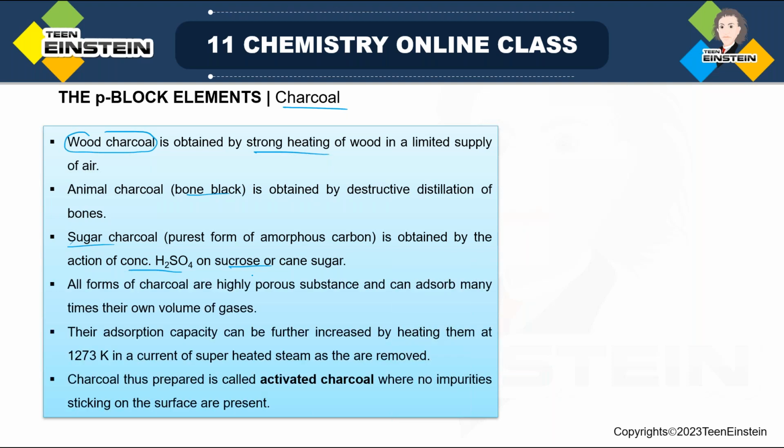Now all these forms of charcoal, whether it is wood, animal or sugar, all of them are highly porous substances, and they can absorb many times their own volume of gases. Because of this porous nature, there are some holes inside or some tunnel-like appearance. So these vacant spaces can absorb many times their own volume of gases.